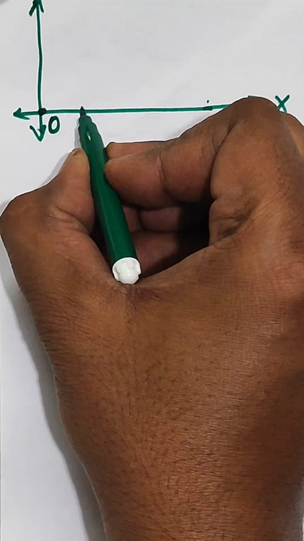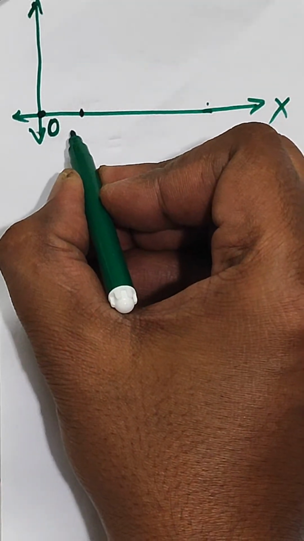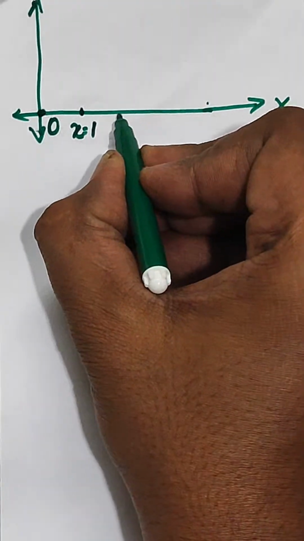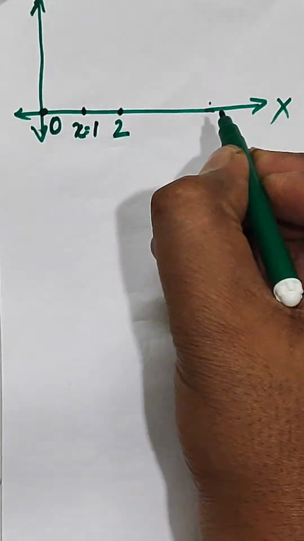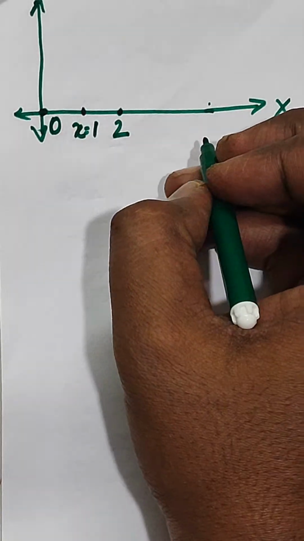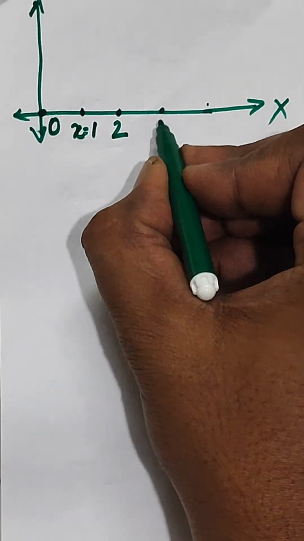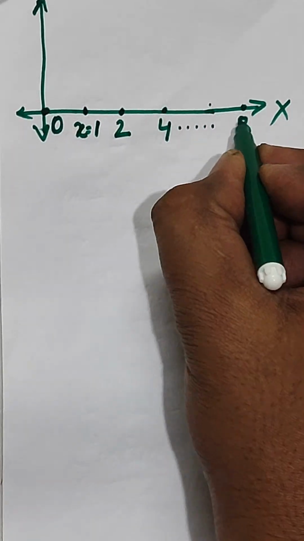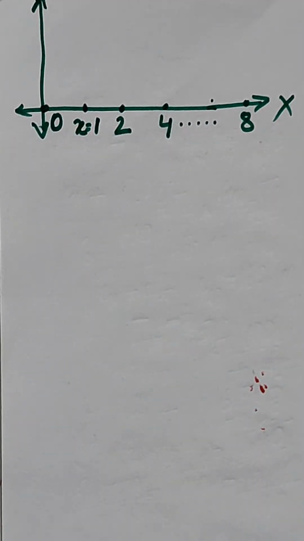That is at x equal to 1, then 2, then 4, then after that 8, like that. These are the locations of the charges.